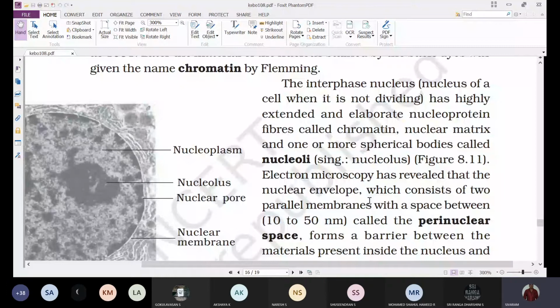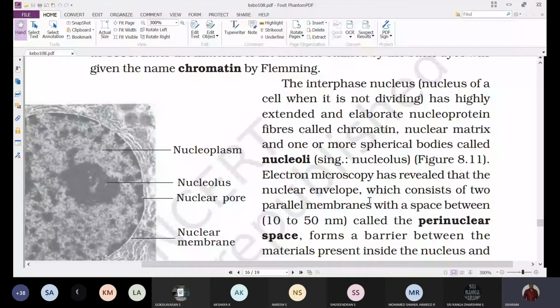So we can observe the nucleus during interphase. During the division phase, usually the nucleus disappears. That is why we say interphase nucleus: the nucleus of the cell when it is not dividing. So we can observe the nucleus clearly when the cell is not dividing.